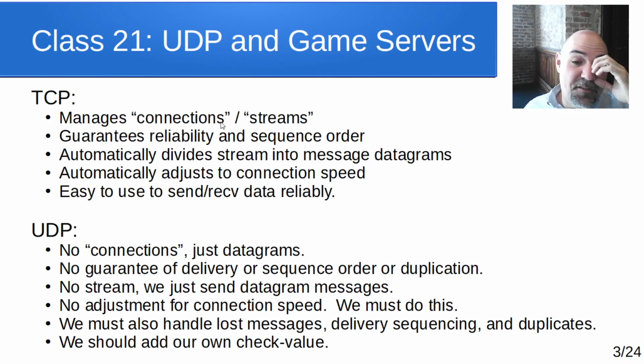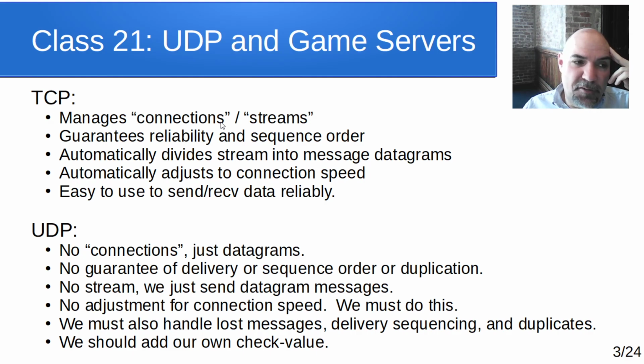That allows us to send things in some sort of sequence, and we know that the data we put into that stream is going to pop out the other end in the same stream that we pushed the data in. So it automatically divides the stream into datagrams, and automatically puts them back together on the other end. It automatically adjusts to the connection speed by changing that window size. We talked about that in a previous lecture.